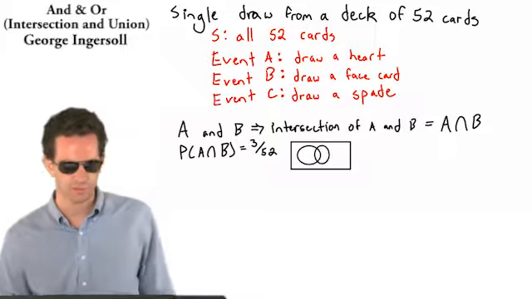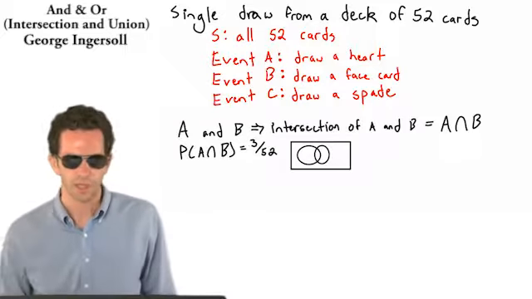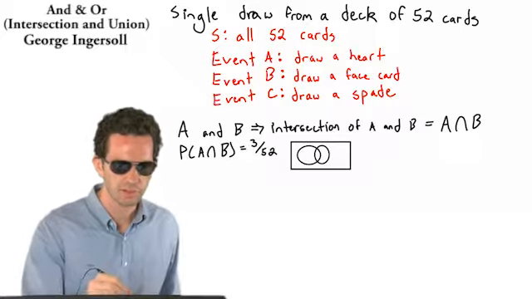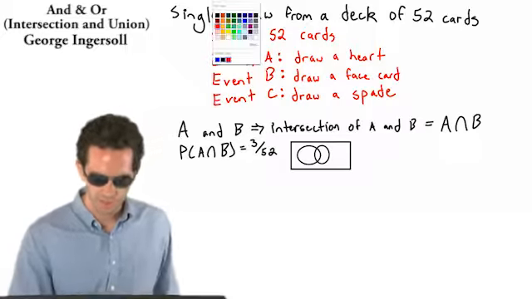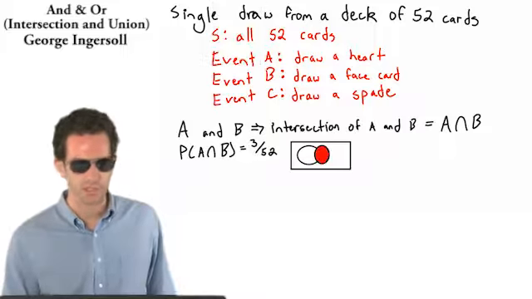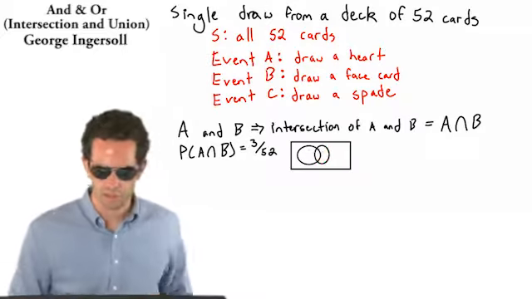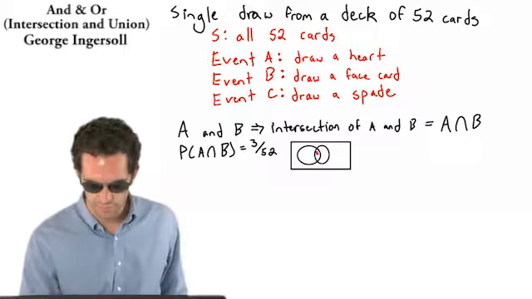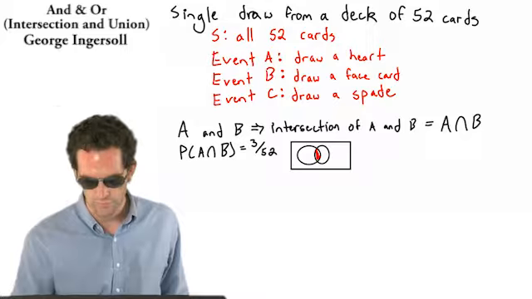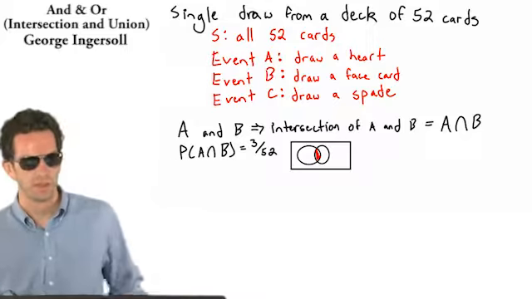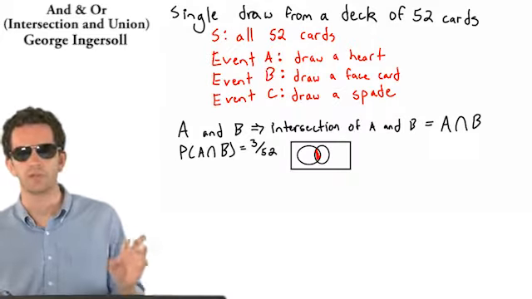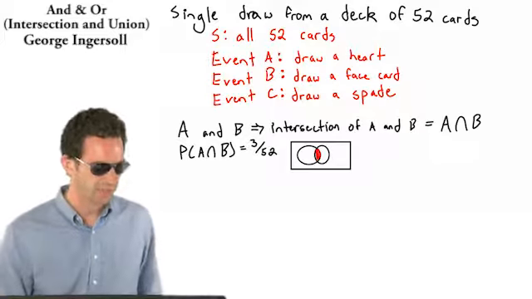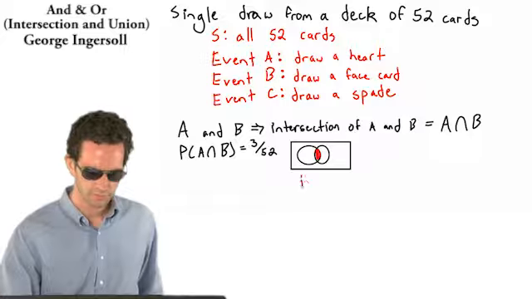There's only 12 face cards, so yeah, sure, that works. And what we're really interested in here is this space right here, the one I missed. Okay, you know what I'm going for. It's this little area right in the middle. That's the intersection. That's a heart face card. Right there, the intersection of events A and B. So, intersection.